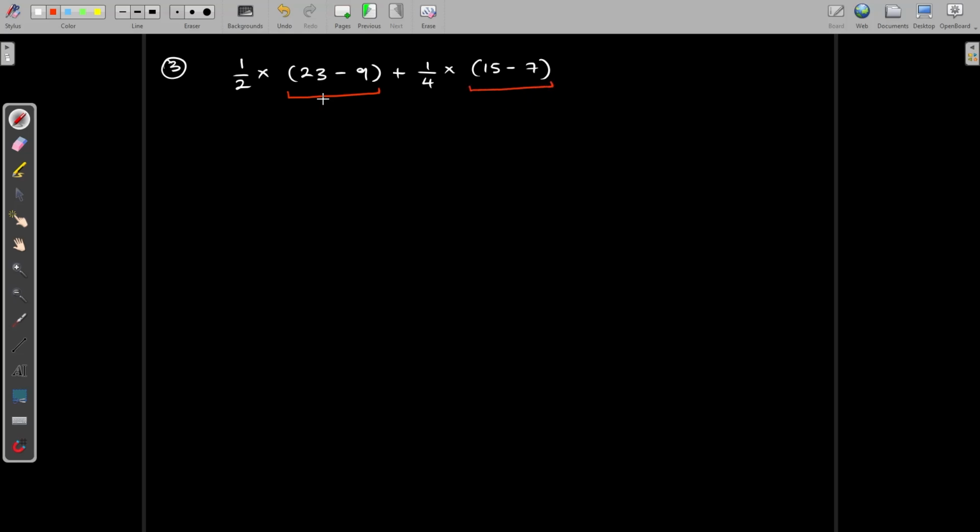So 23 minus 9 is 14, and 15 minus 7 is 8. So this is half times 14 plus a quarter times 8. Then we do multiplication next. So this is 7 plus 2, equal to 9. Is that clear?